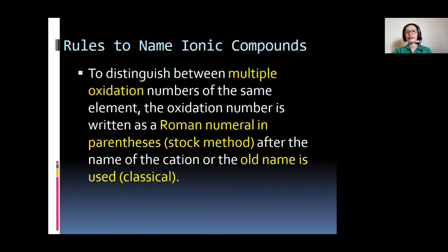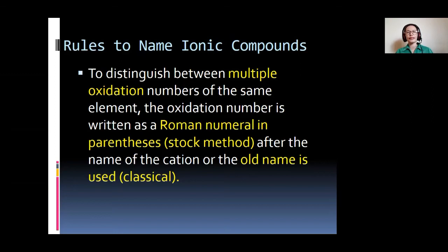In this case, we're going to make use of two methods. First is the stock system. In the stock system, a Roman numeral is used inside parentheses to indicate the oxidation state used by the compound.